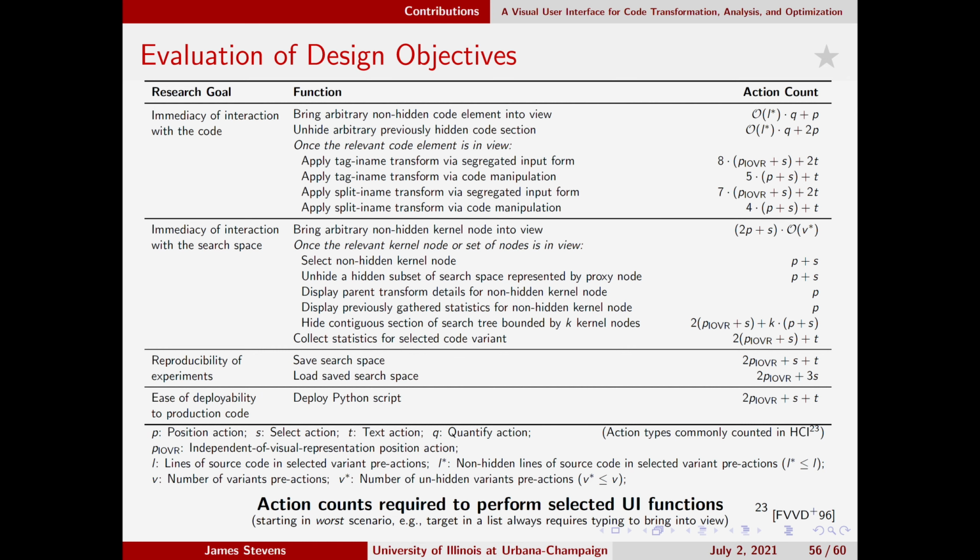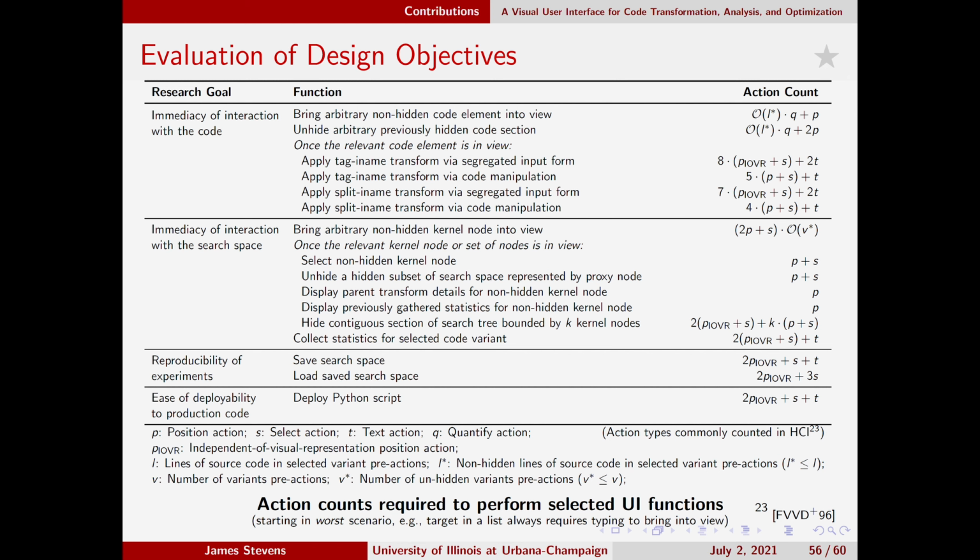To enable us to quantify the extent to which our system succeeds in attaining those goals, using measurements that can be collected objectively, we count the number of actions required to perform certain tasks. Four of these actions are commonly counted in HCI. Those are position, select, text, and quantify.